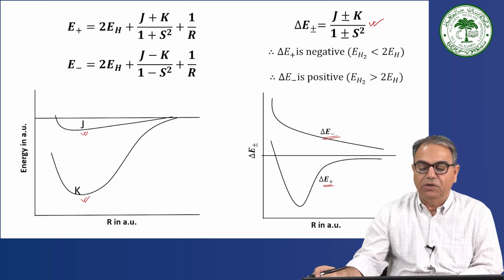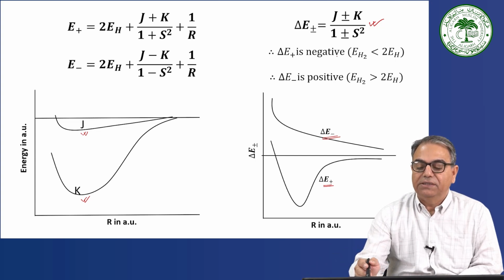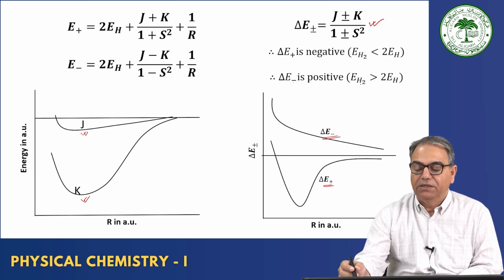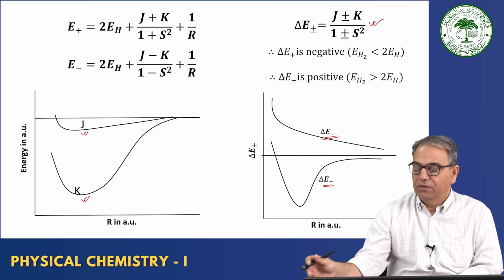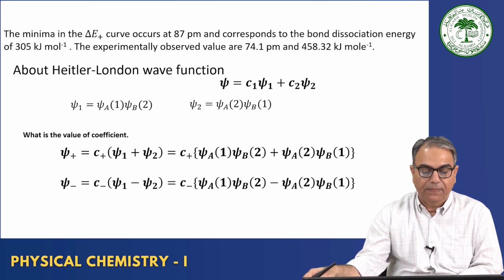We are talking about the H2 molecule. Delta E plus is negative, and it is less than the energy of the hydrogen atoms. Delta E minus is positive, and it is more than 2EH. So E minus will not refer to binding.